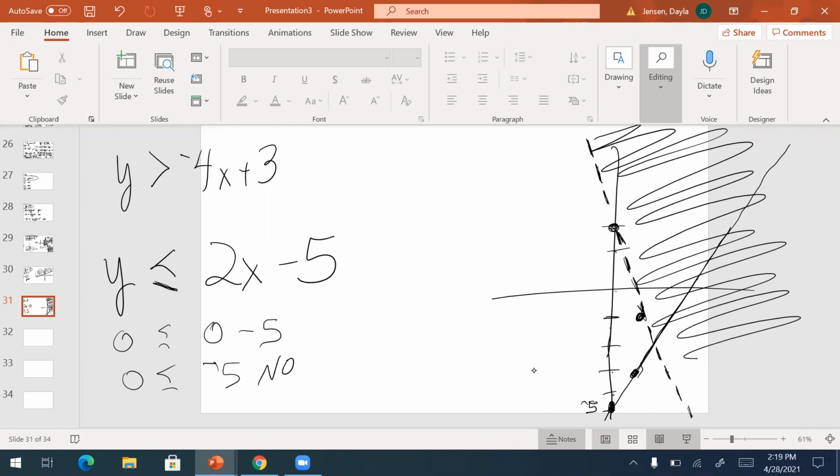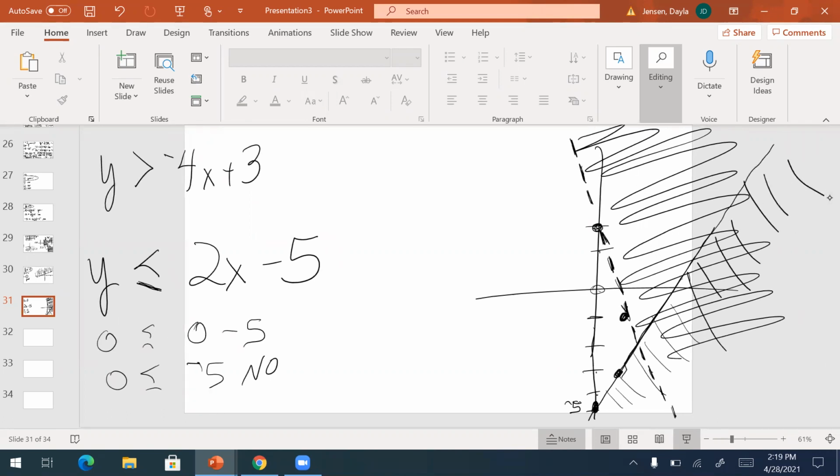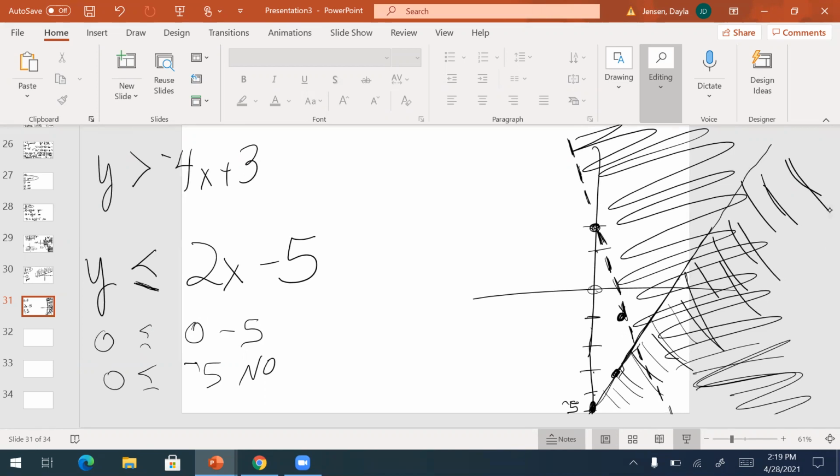No. So that means that 0, 0, which is the origin, is not in this solution set either. So this solution set is everything below this line, including this line. So the solution set of the first line is everything to the right of the dotted line. The solution set to this line, including the line, is everything below it.